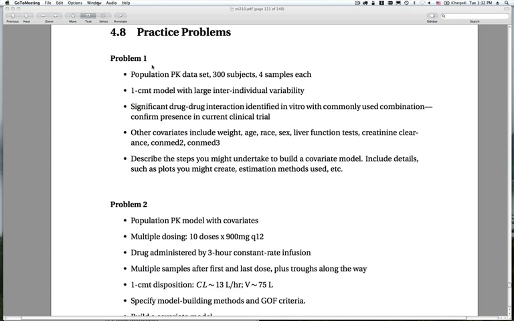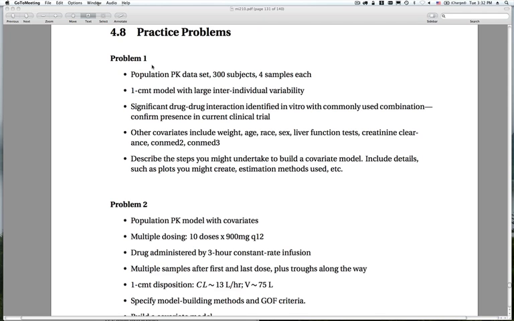So you want to confirm that effect in the current trial. You have other covariates to think about. These have been collected: weight, race, age, sex, liver function tests, creatinine clearance, and a couple of con-meds. And this is what you've got. These are data that have been collected.